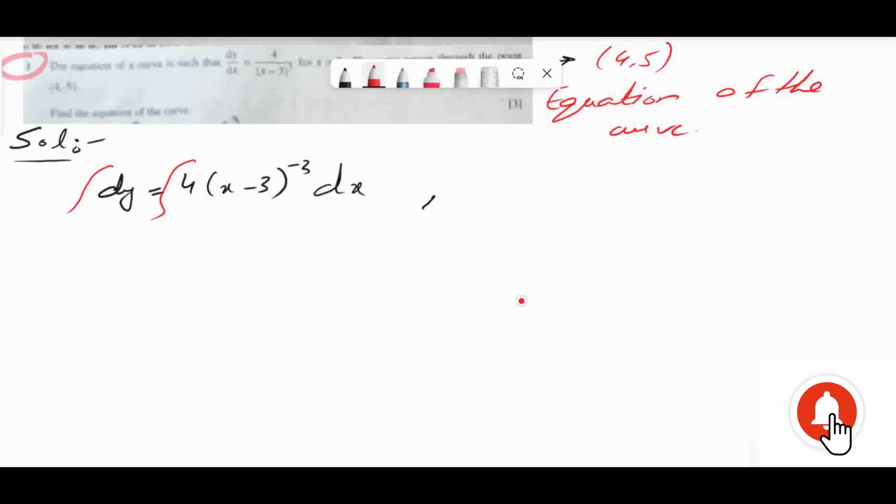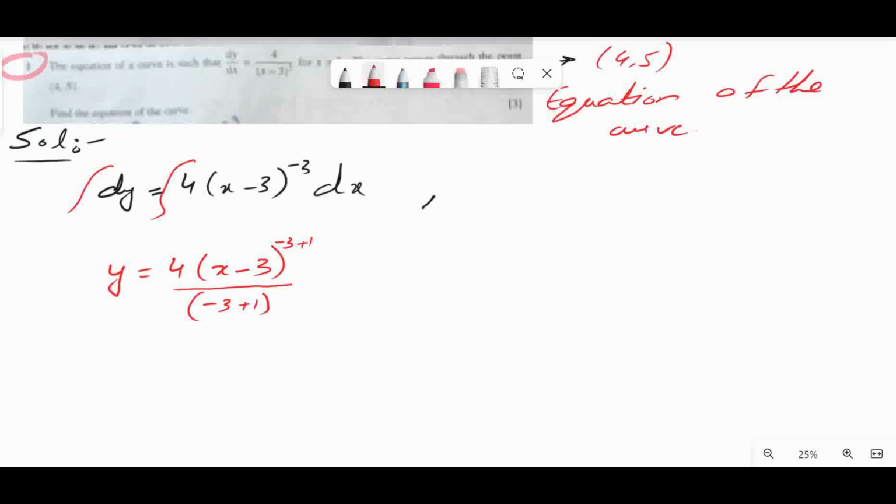So for integration, y will be equal to 4 into (x minus 3) whole power minus 3 plus 1, divided by minus 3 plus 1, into the coefficient of x. Here we can clearly see that the coefficient of x is 1, so we don't need to multiply it with anything else.